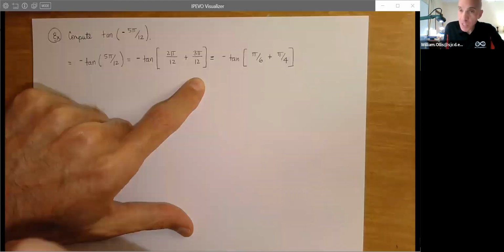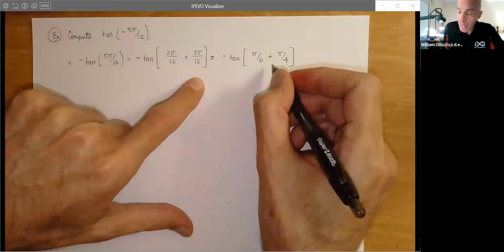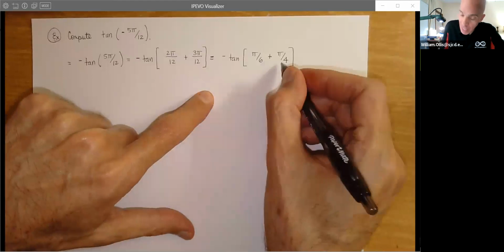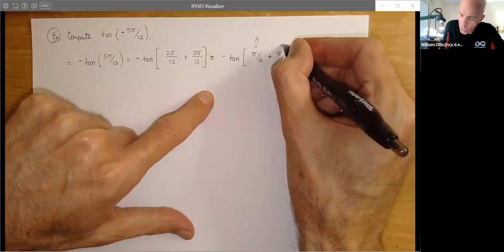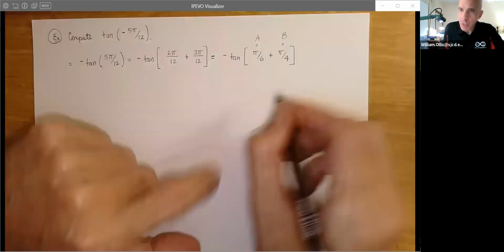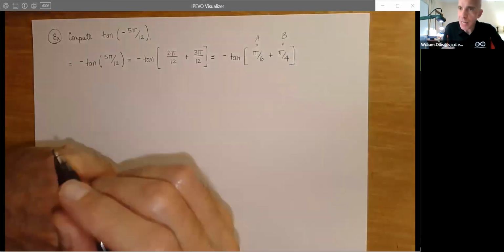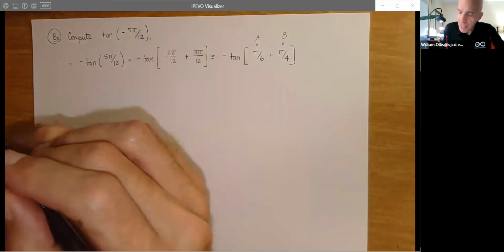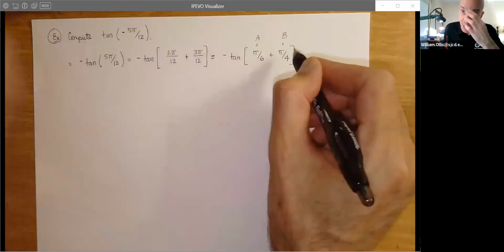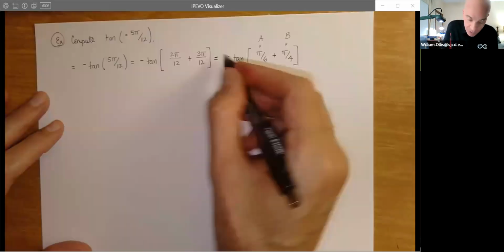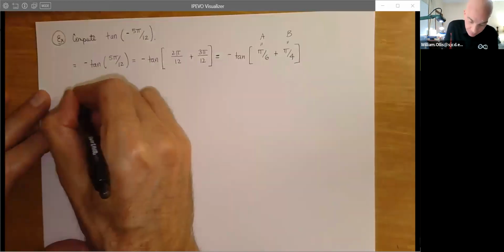So now we have the sum formula for tangent, and all we have to do is fill in the A and the B. You don't have to use my letters, you can use your own, but I'm using A and B. Later, I'm going to use an alpha and a beta, but this is simple. And so now we can substitute this into our sum formula for tangent, remembering the negative on the outside.